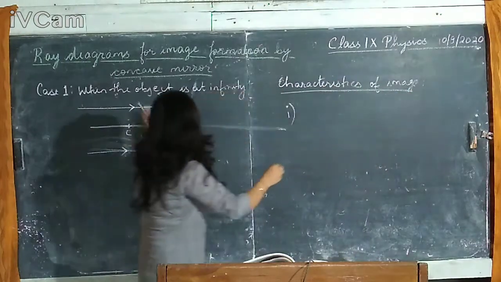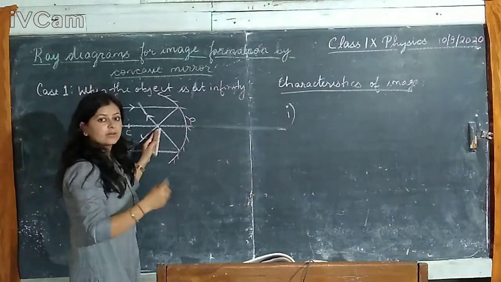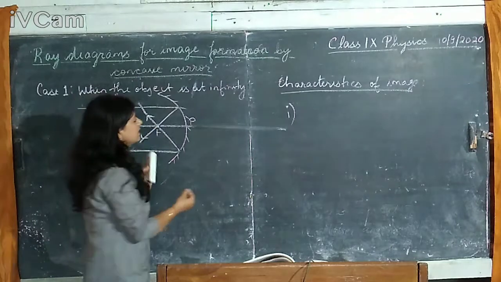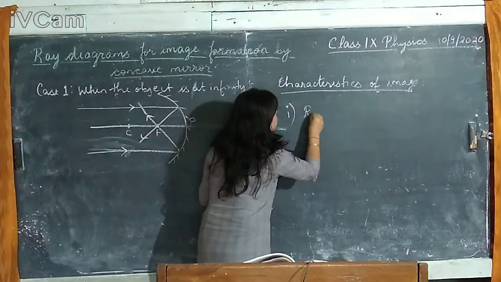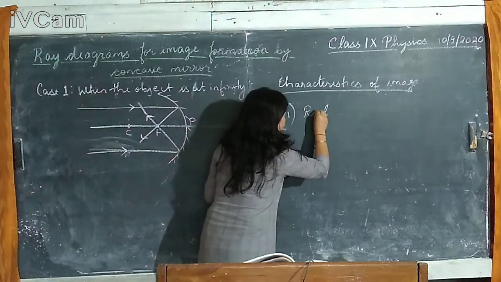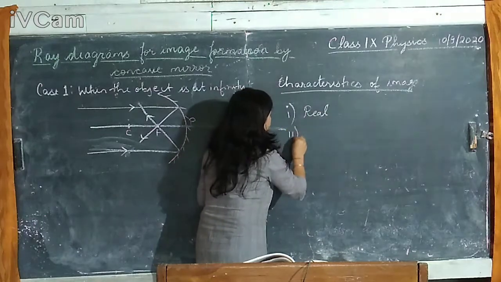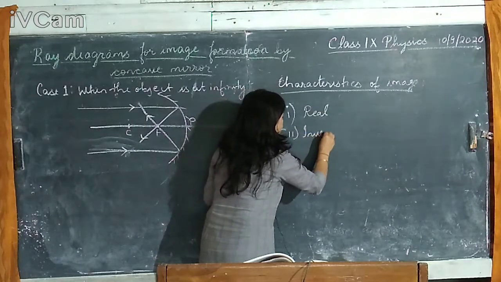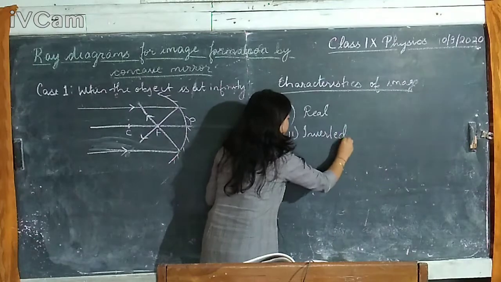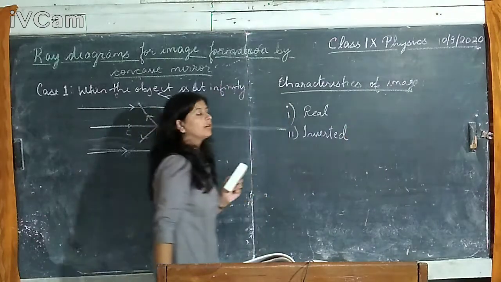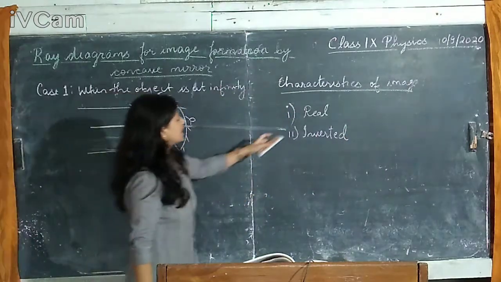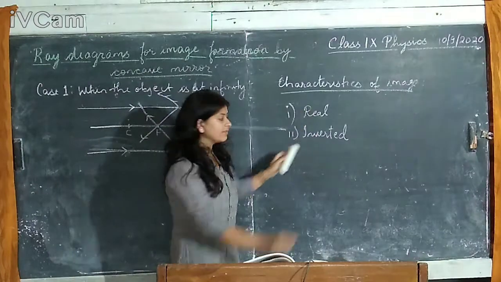Now since the rays are actually meeting at a point and crossing each other at a point, the image is real. Now you should know that a real image is always inverted. So the nature of the image formed by a concave mirror when the object is kept at infinity is that the image is real and the image is inverted.